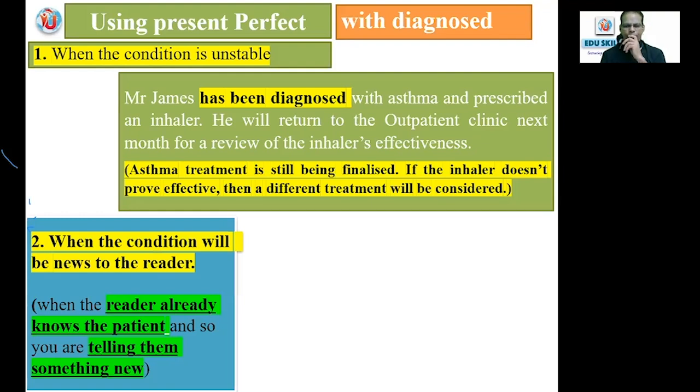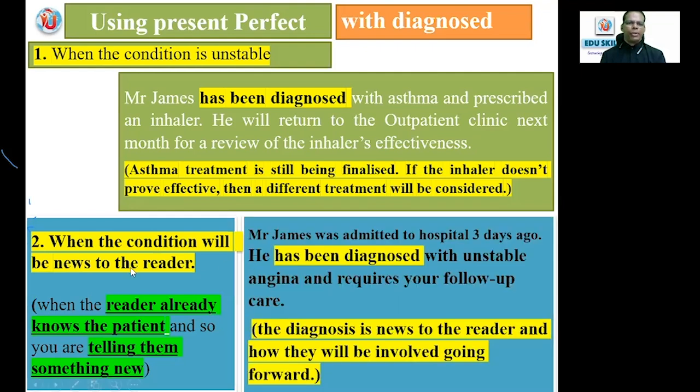In such situations, expressing or communicating such a diagnosis, you have to use present perfect tense. When the condition will be news to the reader, as I said, even in the previous sentence, when the reader already knows the patient, you are telling them something new. Mr. James was admitted to hospital 3 days ago. He's been diagnosed with unstable angina and requires your follow-up care.